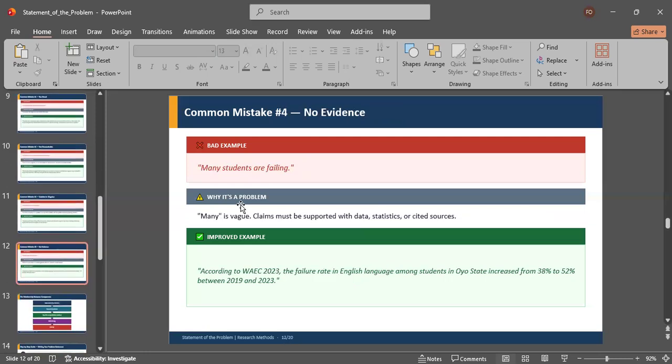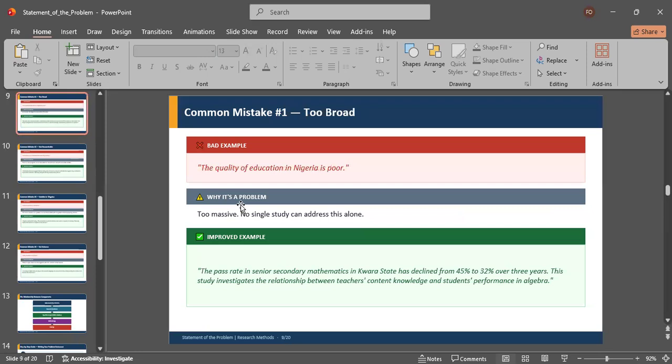No evidence. Yes, this is another problem that people put in their statement of problem. There's no evidence to prove the problem is actually existing. If you look at the example, let me take it up a little from common mistake 1. If you read it, it shows something like 45% to 32% over 3 years.